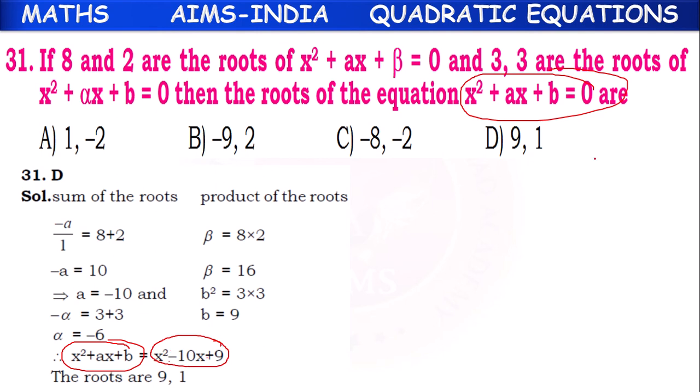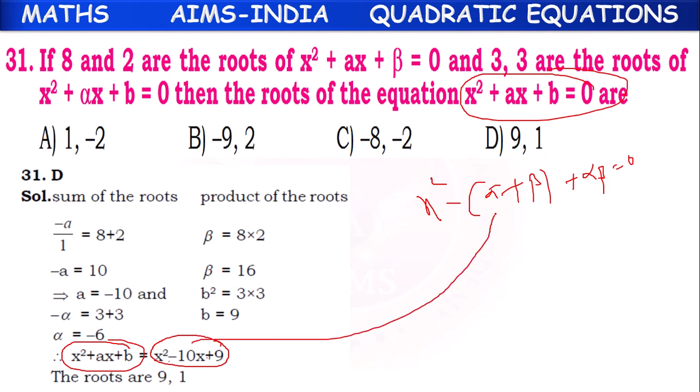Or we can write it like this: x square minus (alpha plus beta) x plus alpha beta equal to 0, where in the place of alpha plus beta 10 should be there, in the place of alpha beta 9 should be there. Means sum should be equal to 10, product should be equal to 9.